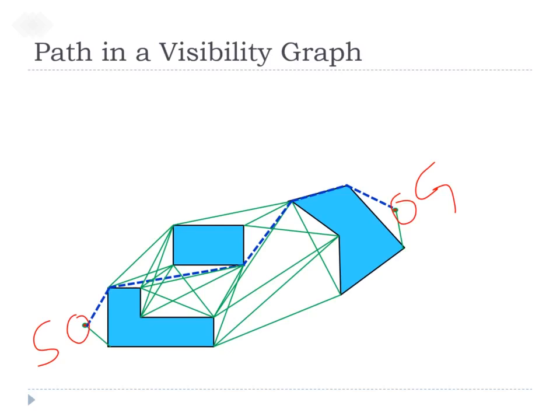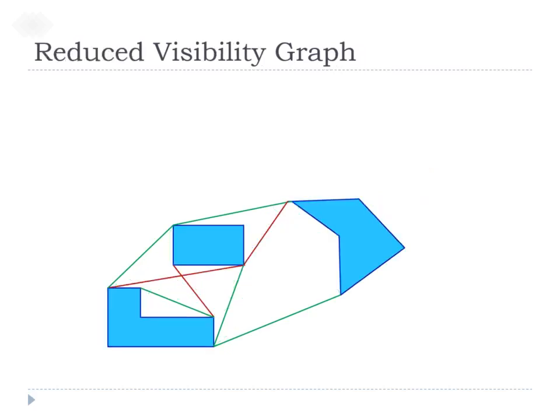The visibility graph becomes highly complex when the number of obstacles is high. And therefore, we reduce the complexity of the visibility graph, making use of only supporting lines and separating lines. A reduced visibility graph consists of very few edges as opposed to the original graph, as you can see here.